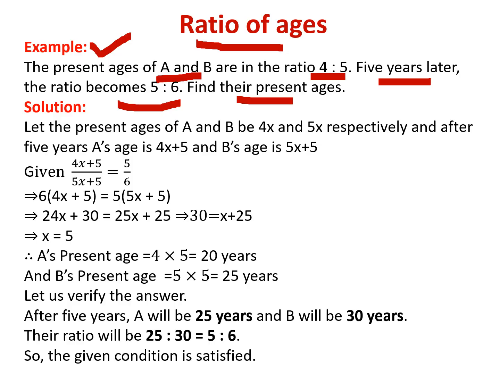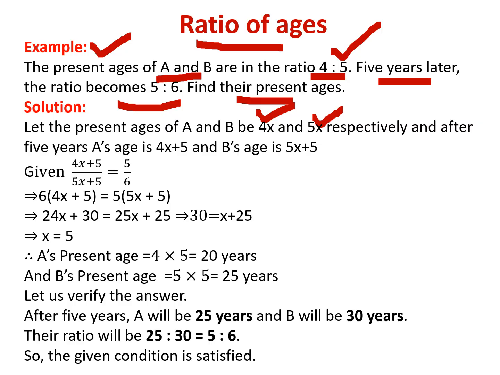The ratio of A's age to B's age is 4 is to 5. Since the actual ages are not given, we represent them as A's present age is 4x and B's present age is 5x. Now, the problem says 5 years later.